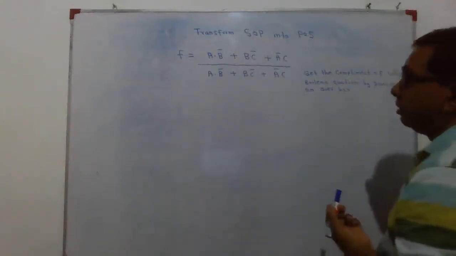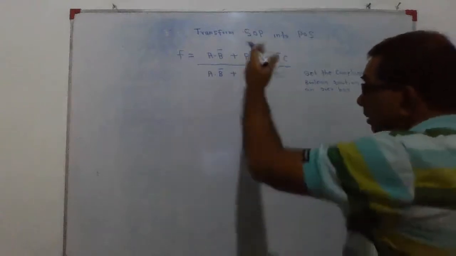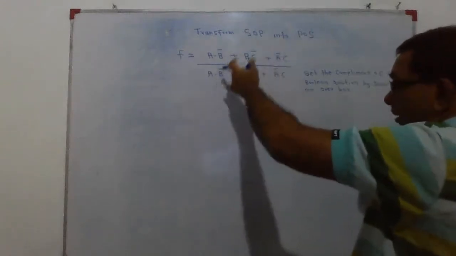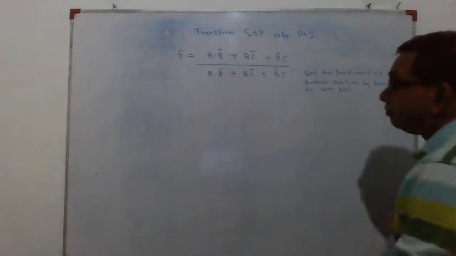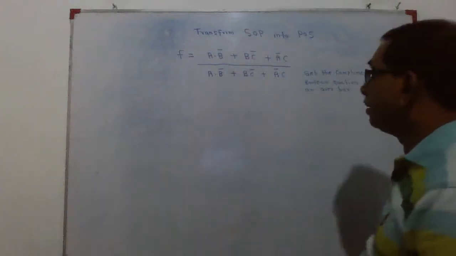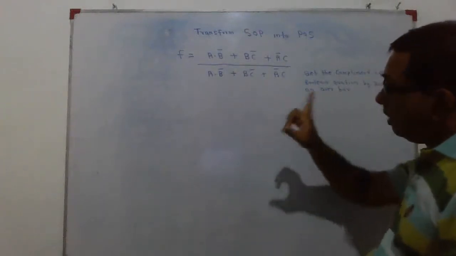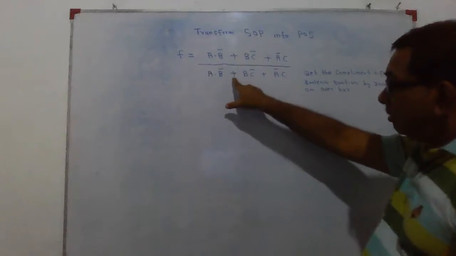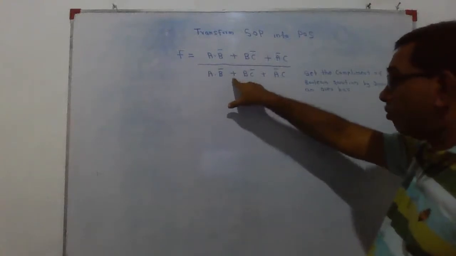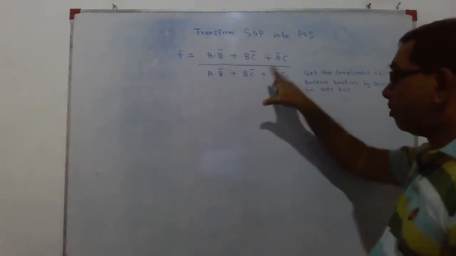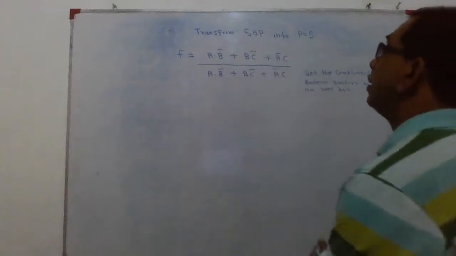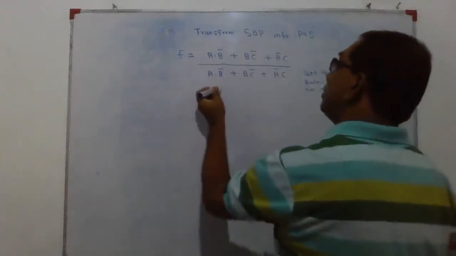De Morgan theorem says to break the whole bar here at the main operators OR. With the main operators we are going to change it. So we break the bar here.